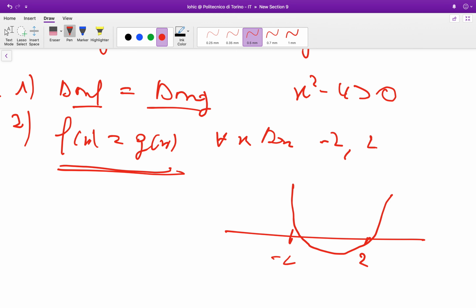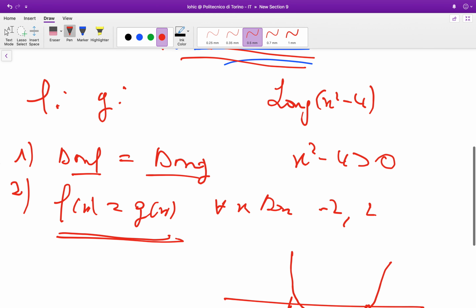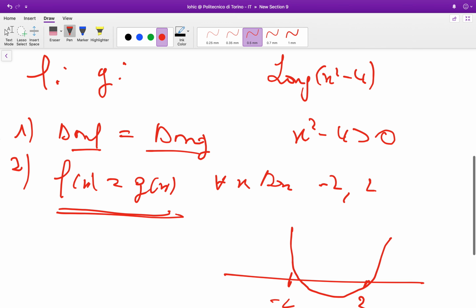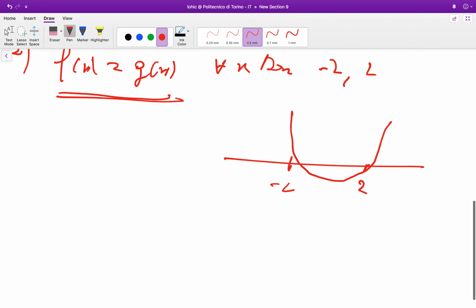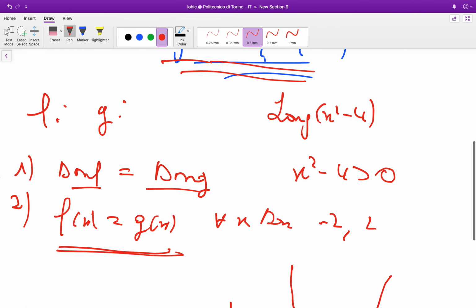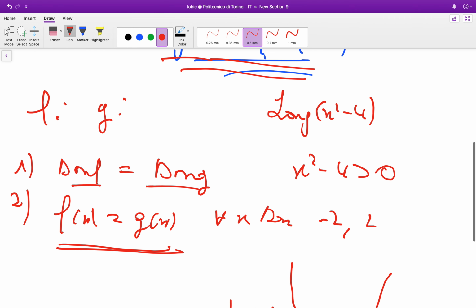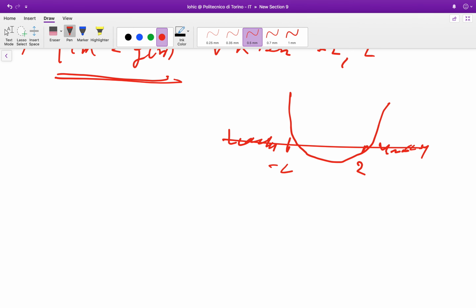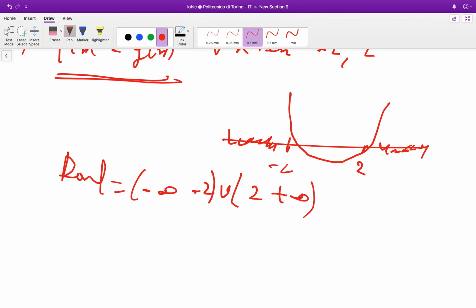Yes or no? So I am searching for where it is positive. You can see that the domain is where this expression is positive. The condition was x squared minus 4 greater than 0. So the domain of f is from minus infinity to minus 2, union 2 to plus infinity.